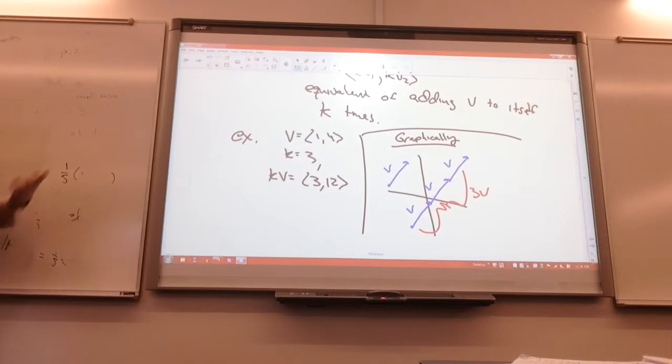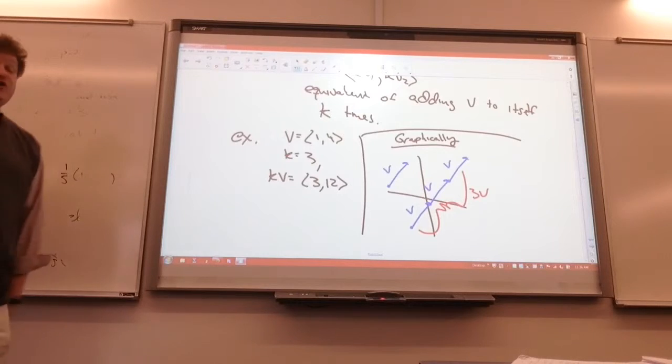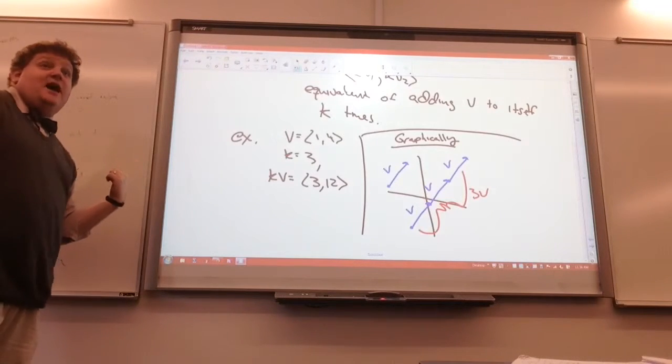So what would happen if k was negative? What would it mean I'm doing? I'd be subtracting the vector from itself. Actually, what I'd be doing is flipping the direction and drawing it in the opposite direction.